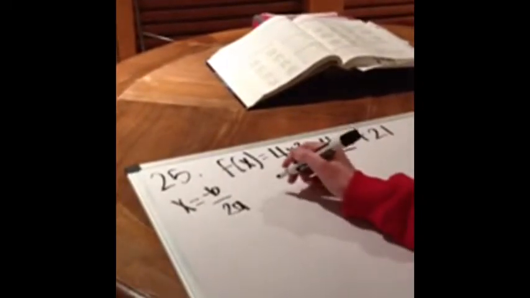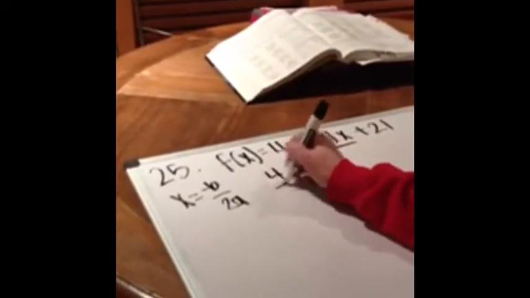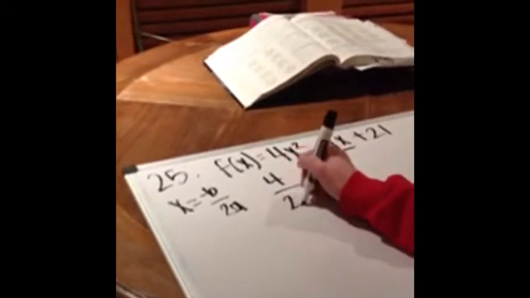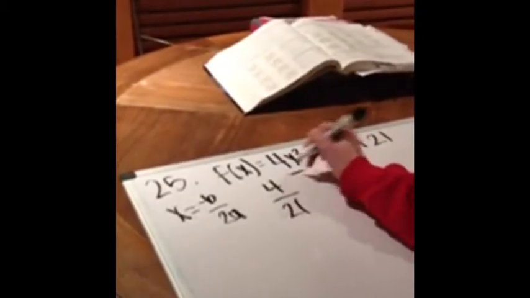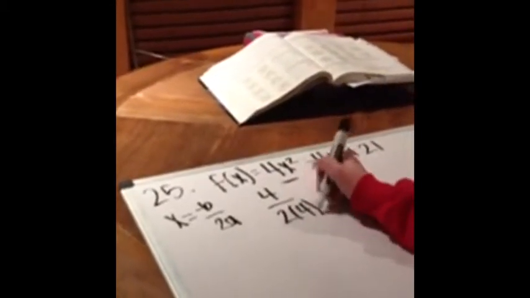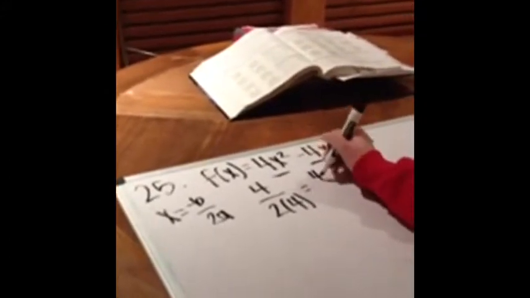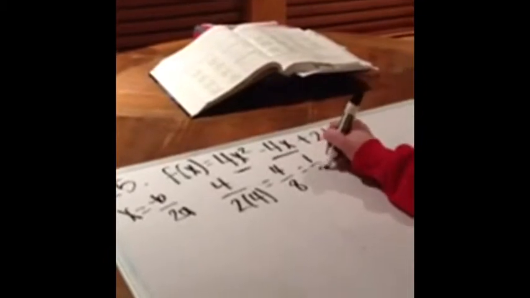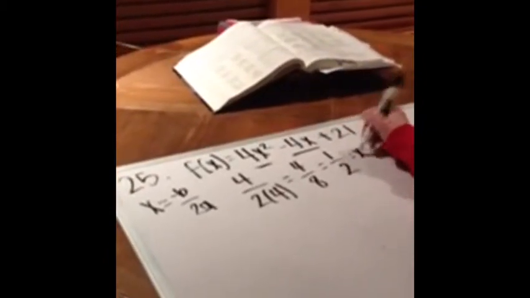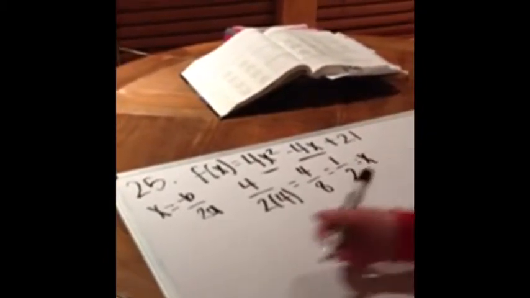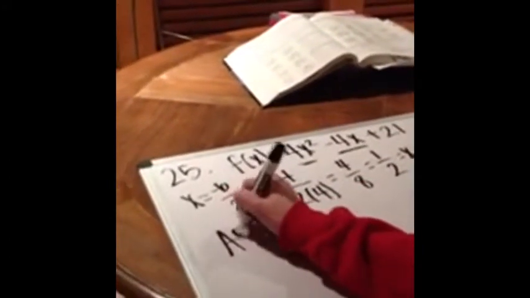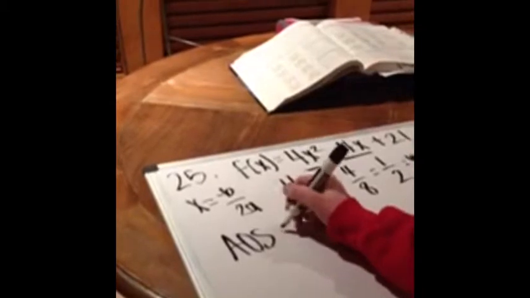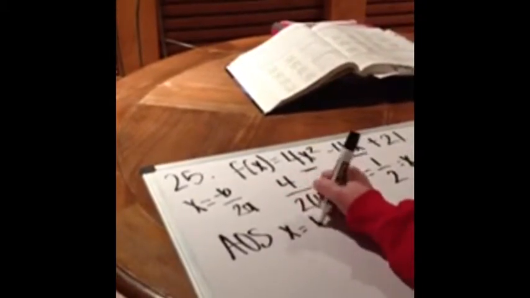You do the opposite of b, which is 4, over 2 times a, which is also 4, and then simplify, which turns out to be 1/2 equals x. Then you would have your axis of symmetry running through x equals 1/2.